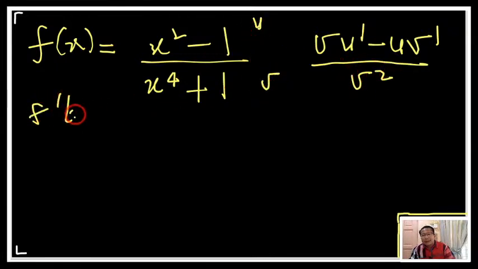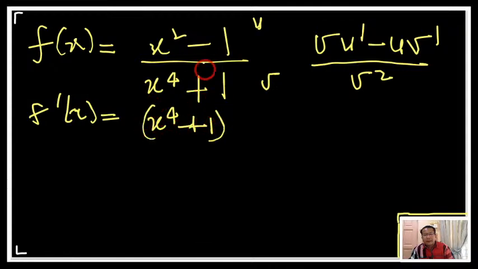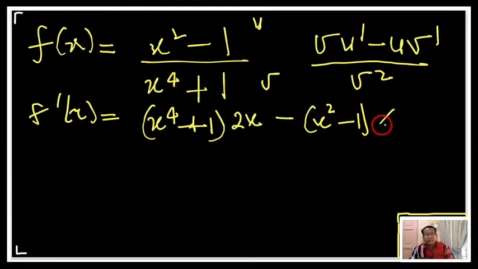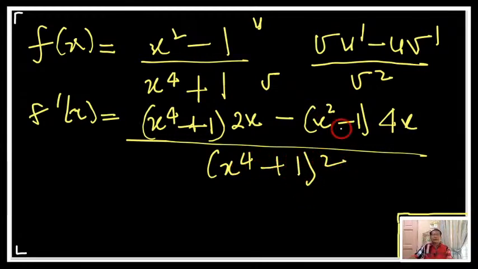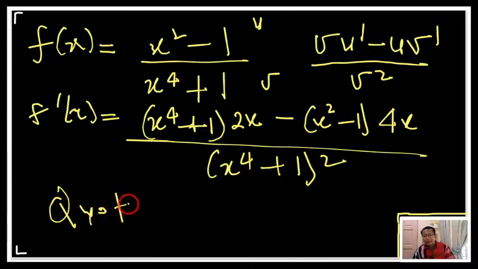So f prime x is equal to v, x power 4 plus 1, u prime, you get 2x, minus u v prime, 4x, divided by x power 4 plus 1 squared. And then you can simplify this if you want to. This is the quotient rule.